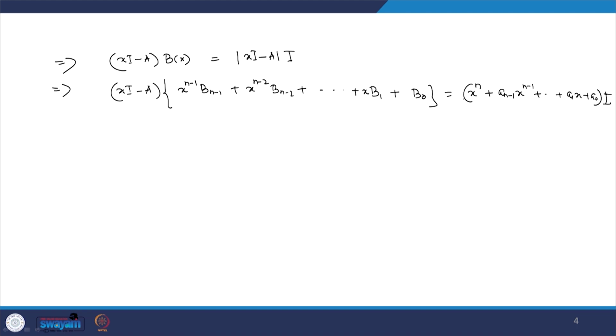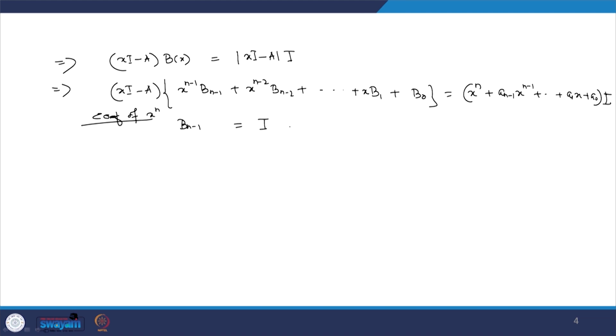Now, find out the coefficient of different powers of x. Let us first find the coefficient of x to the power n. On both sides, if I compare, on this side I will have only B_{n-1}. This will be equal to the identity matrix, because the coefficient of x to the power n is only 1, so 1 into the identity matrix.